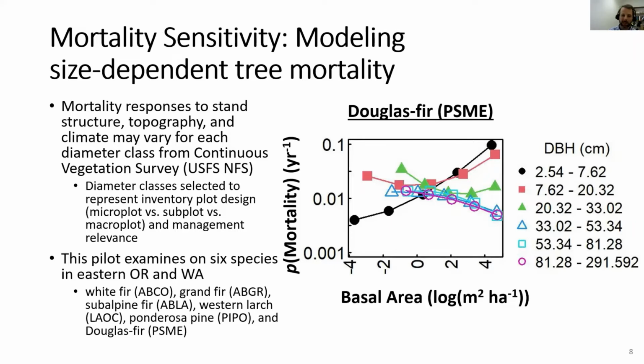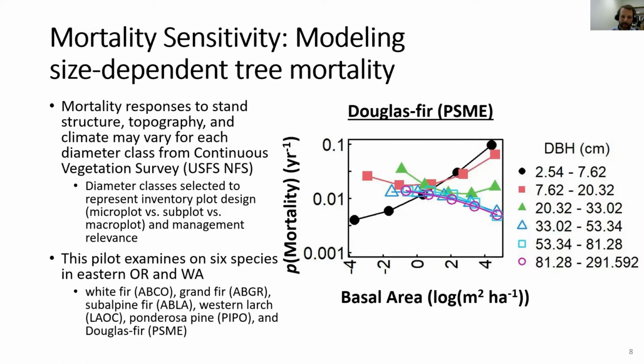And so we can see the black dots here are the smallest size class, 2.5 to about 7.5 centimeters. The open circles, these sort of fuchsia, are the largest trees, basically everything above 81.28 centimeters.